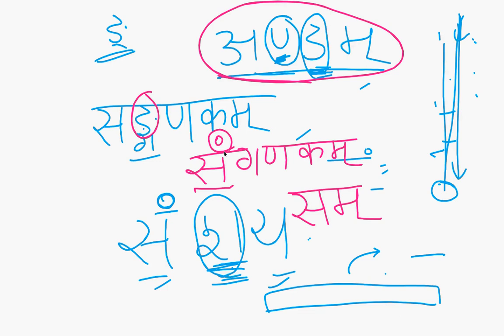Sanganakam. If you pronounce it quickly, it is sanganakam. So both pronunciations are valid considering this arrangement in the Sanskrit language. But does that change the meaning of the word? No, it doesn't change the meaning, just the pronunciation.